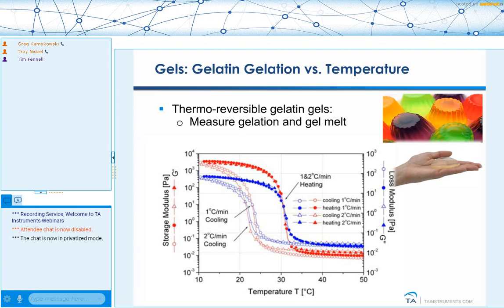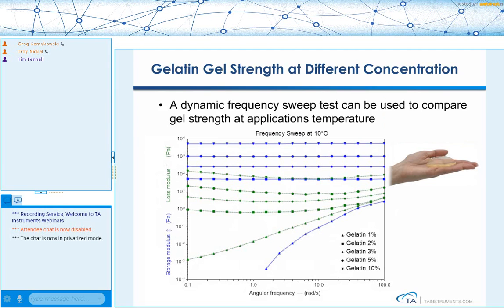But in this case, you can see we get pretty good results with 1 degree C per minute or 2 degrees C, and this is a way for us to characterize a gelatin gel.